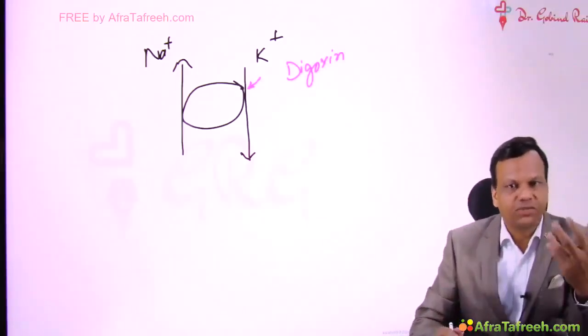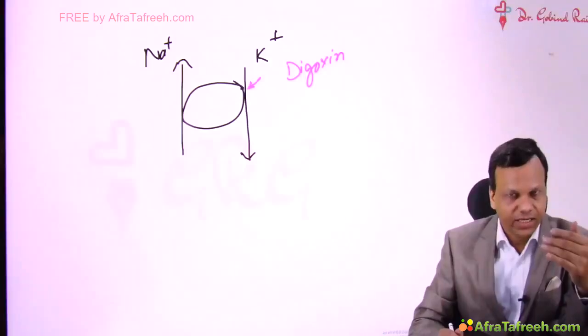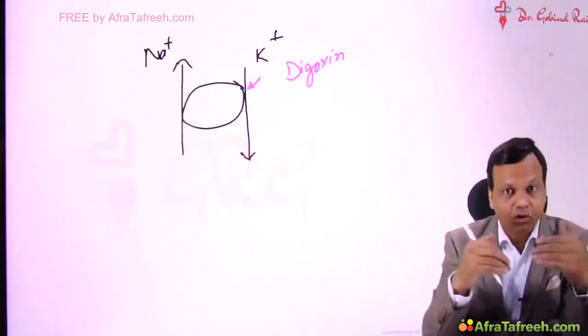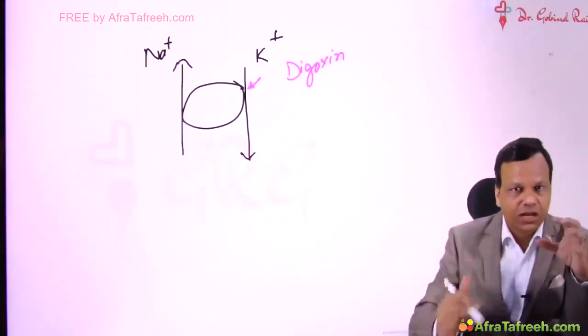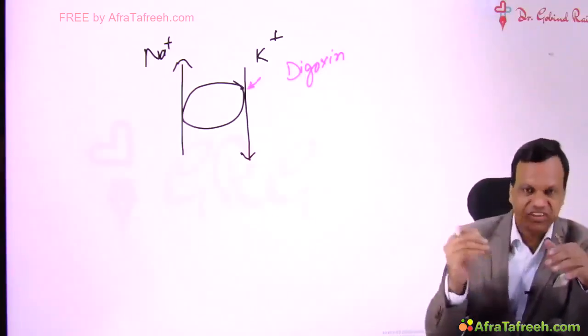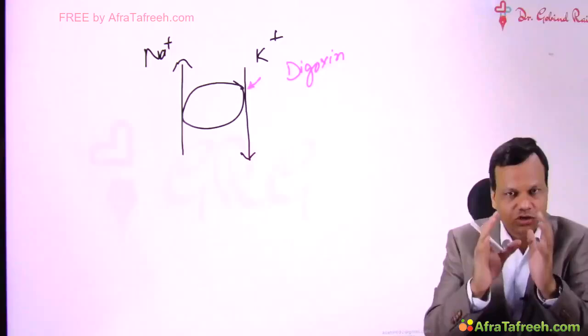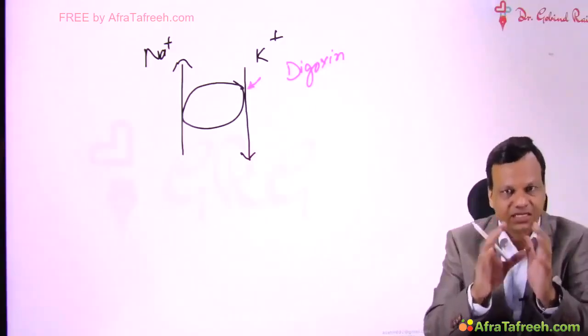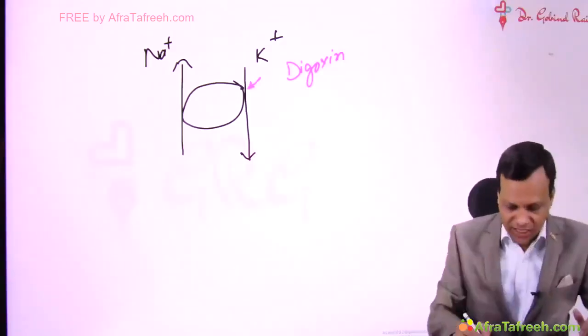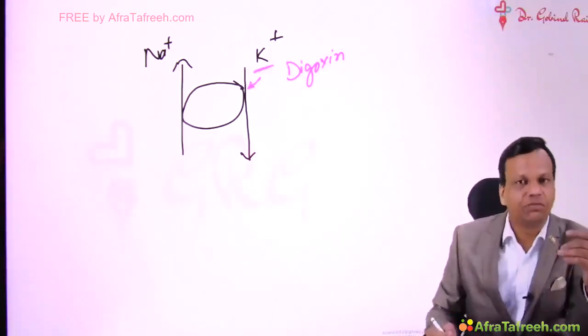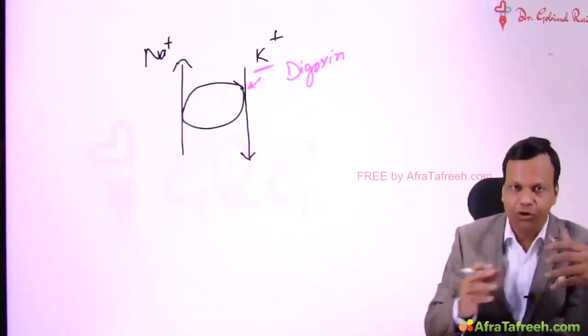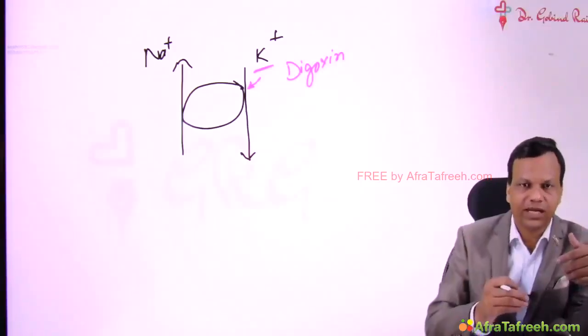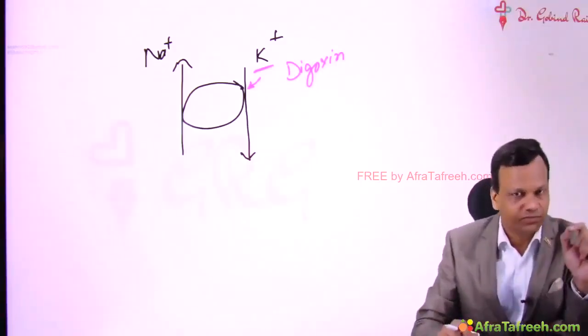So if potassium is more extracellularly, then digoxin has a more competition. So that means if potassium is more, binding of digoxin will be less. So digoxin binding is inhibited by extracellular potassium. So that's why if there is less potassium in the blood, hypokalemia, there will be no competition, more digoxin can bind, and that can lead to toxicity.